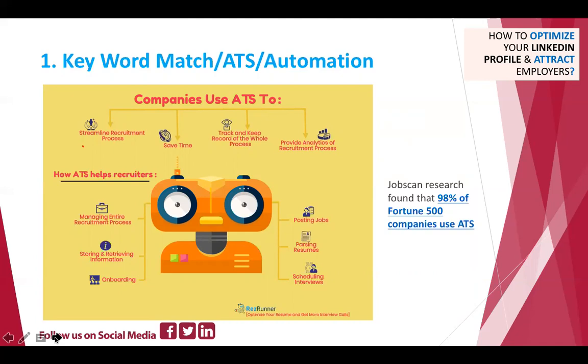Without technology, companies would actually be bottlenecked. They are unable to reply to every single candidate and sort by themselves. They need to bring in technology to manage the entire recruitment process, sorting, storing, parsing those resumes, and also parsing your LinkedIn profile in order to establish the ranking.